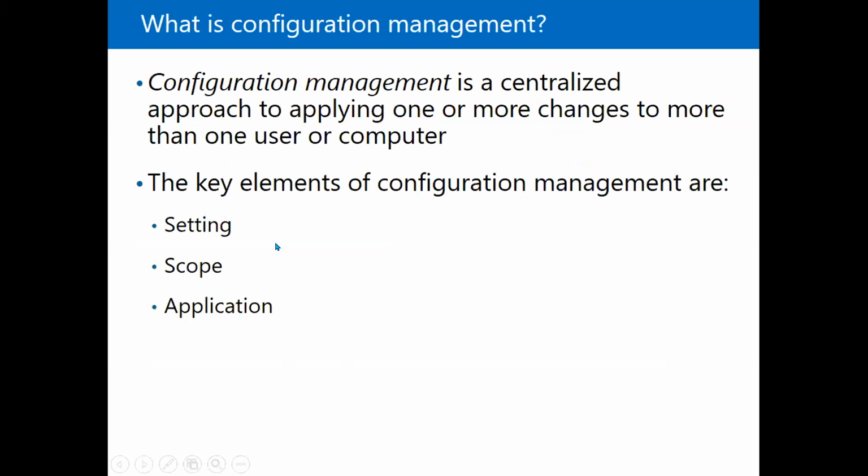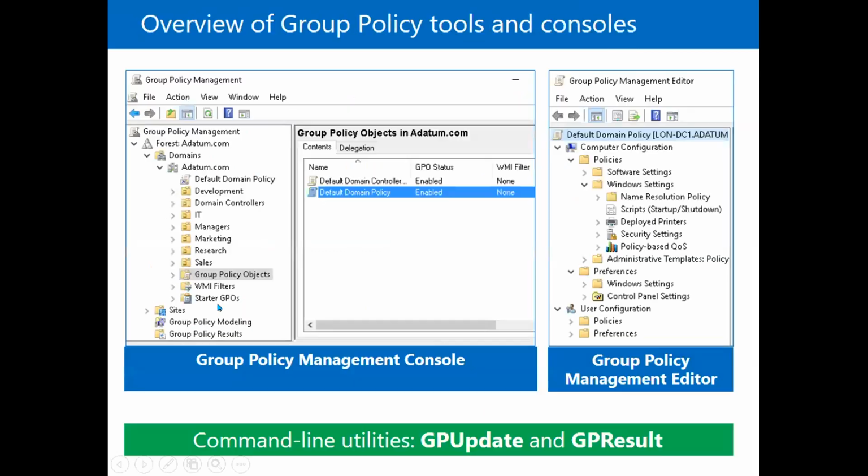This is lesson number one. Within the group policies, configuration management is a centralized approach to applying one or more changes to more than one user or computer. And key elements of configuration management are settings, scope, and application.